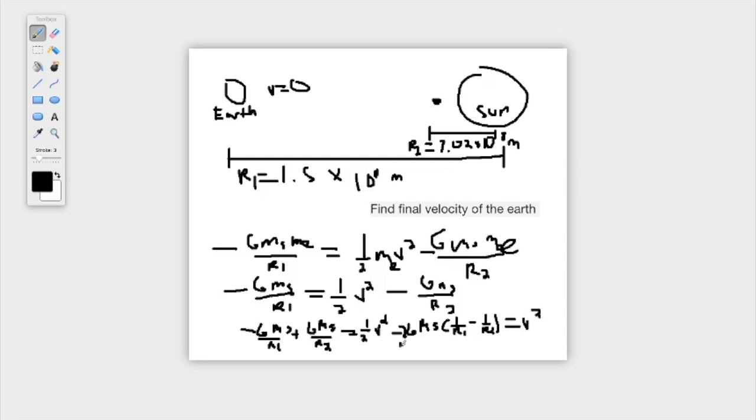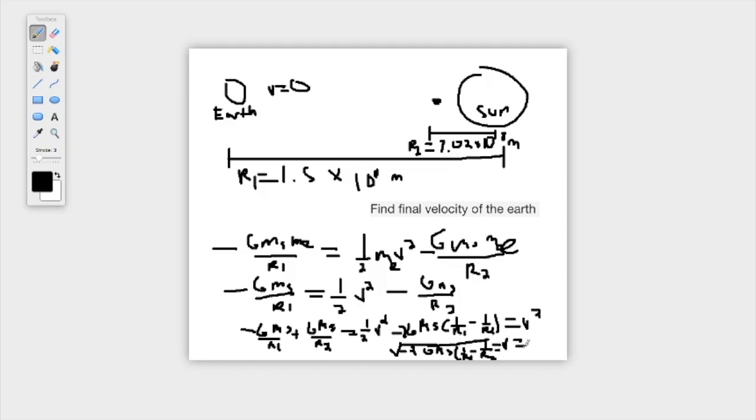When you take the square root of that, you get the square root of negative 2G Ms times 1 over r1 minus 1 over r2, which is equal to v.